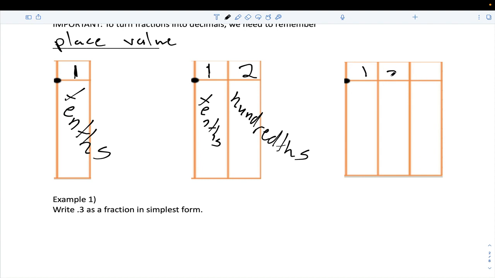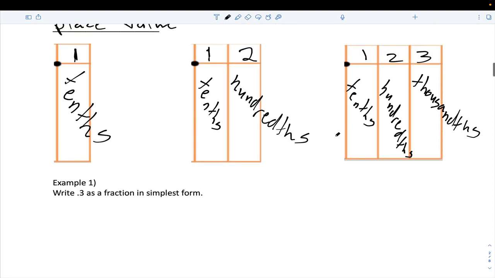If you have 0.123, you still have tenths and hundredths, but because this has 3, it is now in the thousandths place. Keep that in your back pockets as we go forward.